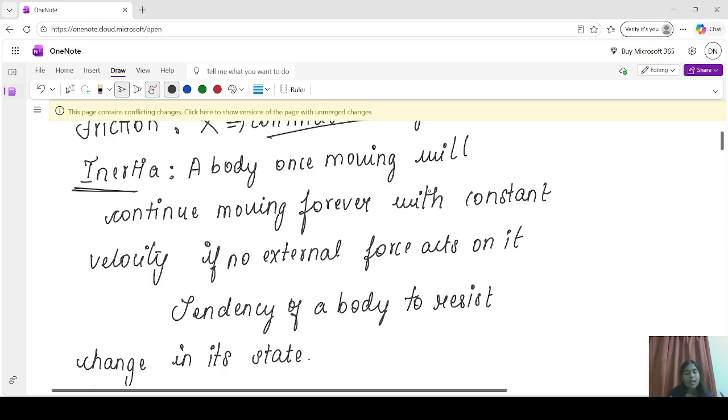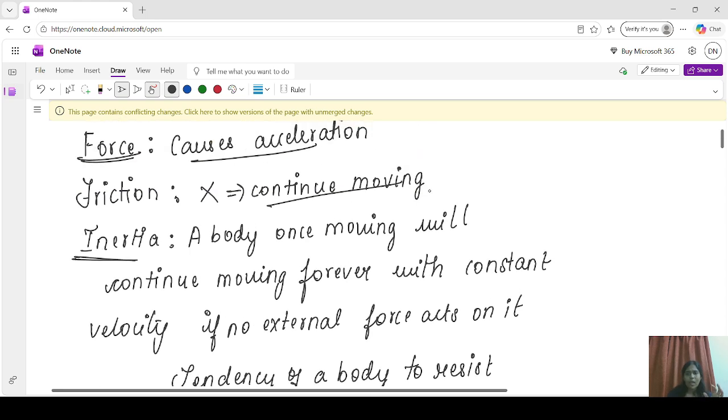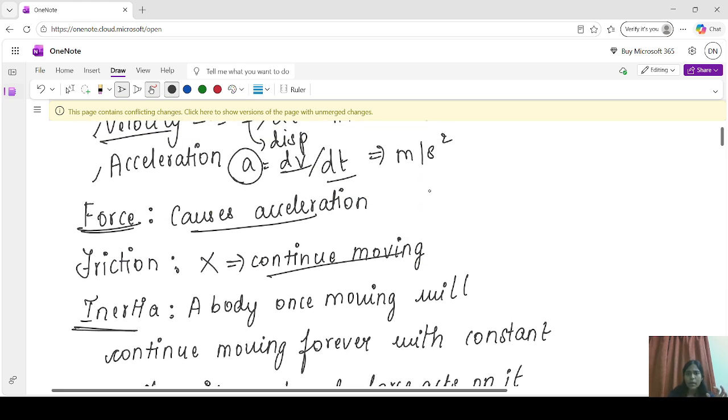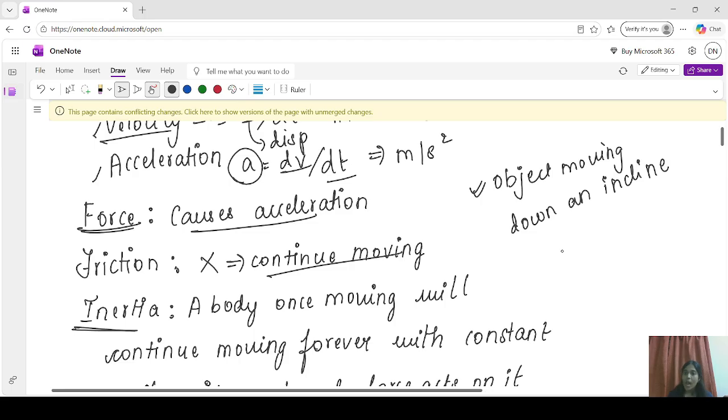Galileo, like Aristotle, also performed experiments, using inclined planes. Okay. Now, what are his observations? I'll write his observations now. Object moving down an incline accelerates.